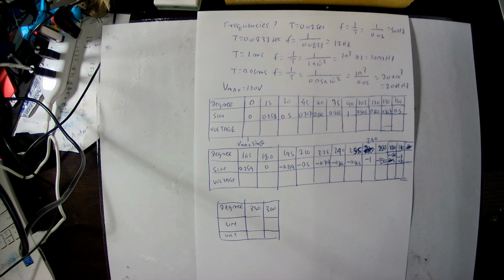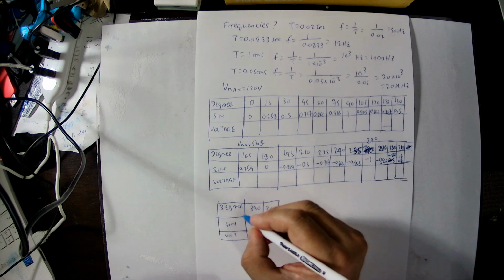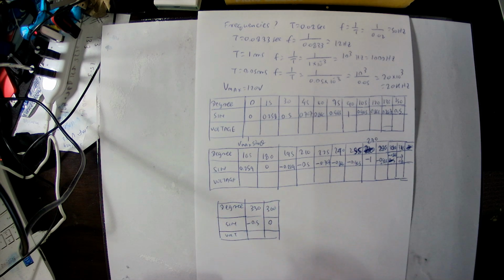Sine 330 is minus 0.5. Sine 360 is 0. So those are the values of the sine angle.